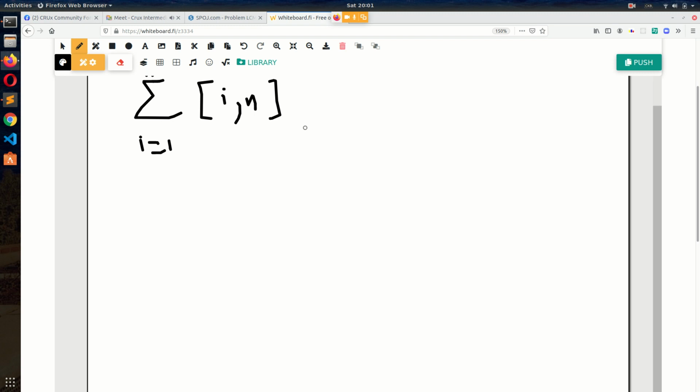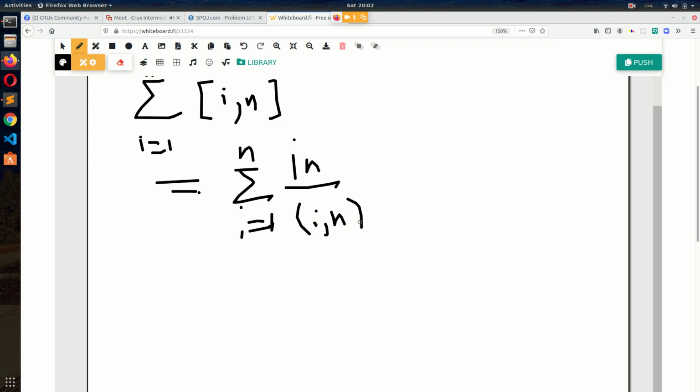The LCM is equal to the product of the numbers divided by the GCD of the two numbers. So we can express this again in terms of i times n divided by the GCD of i and n. Right? Now how to move on from here?